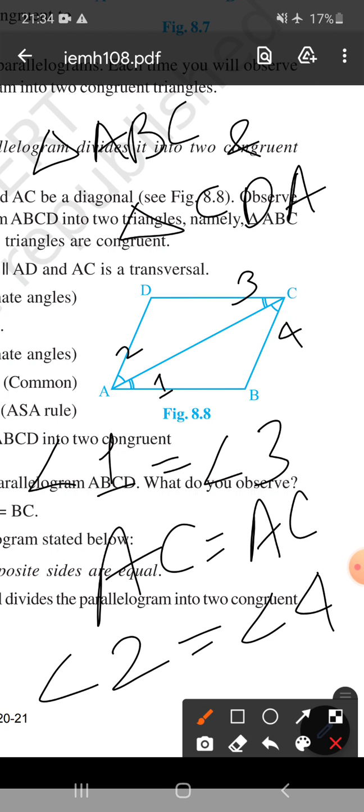Just because BC is parallel to AD, and if you draw transversal AC which intersects these two sides, then angle 1 and angle 3 will be a pair of alternate interior angles, and the same is the case with angle 2 and angle 4, that DC is parallel to AB and AC is a transversal. That's why angle 4 will be equal to angle 2 and AC is the common side.